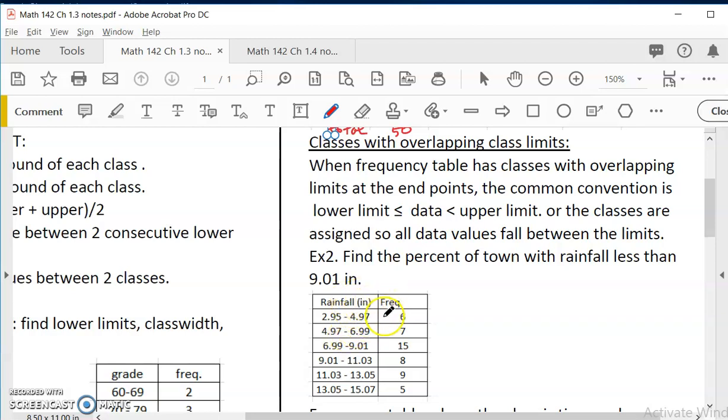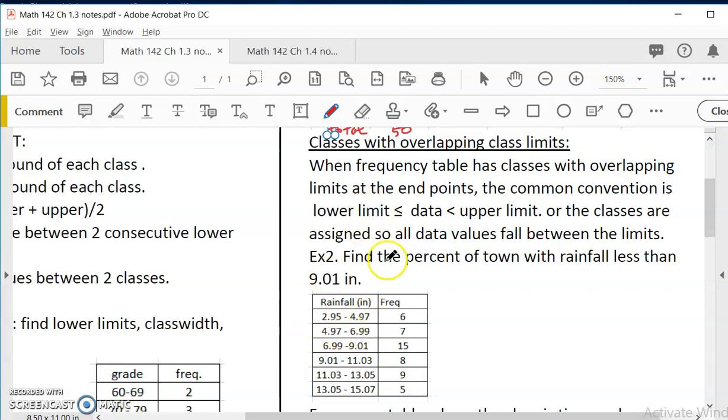But in case you really want to find out where 4.97 is supposed to belong, the common convention is that if the classes seem to be overlapping, the first class will not take 4.97. 4.97 will belong to the second one.